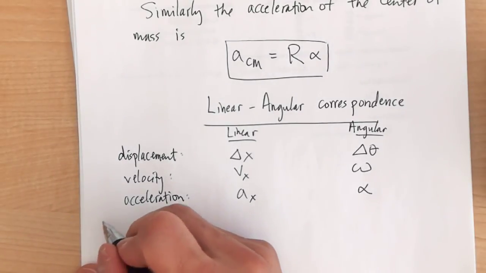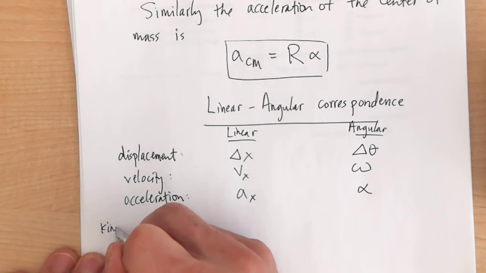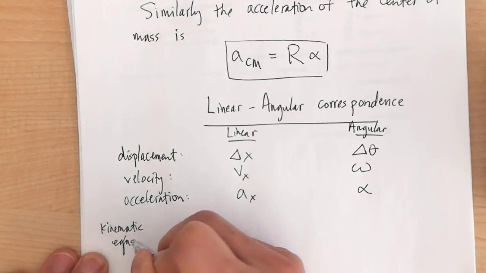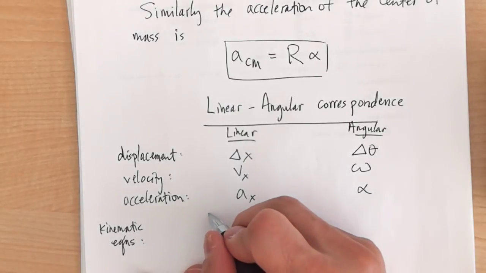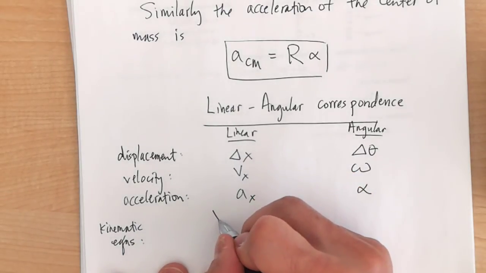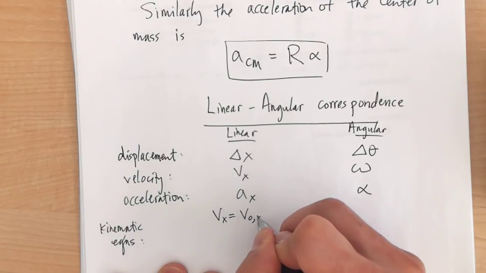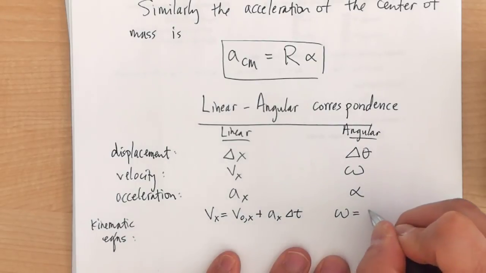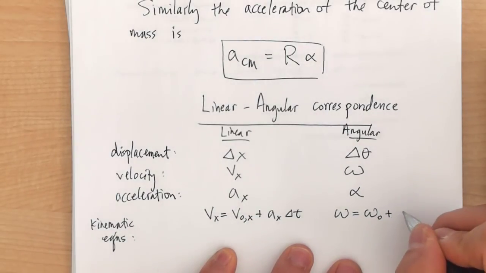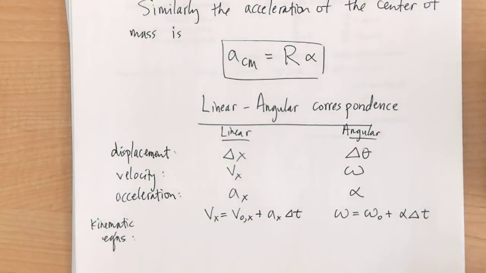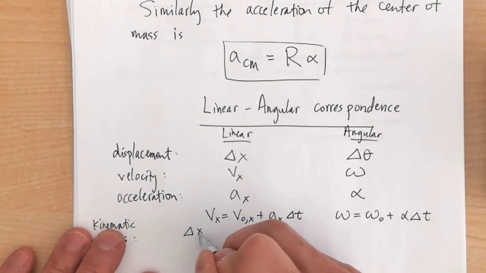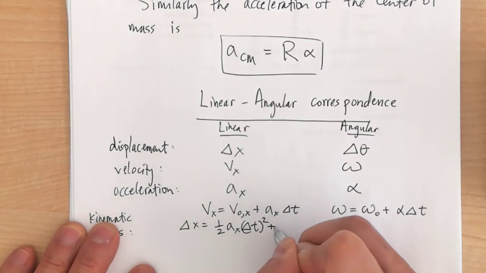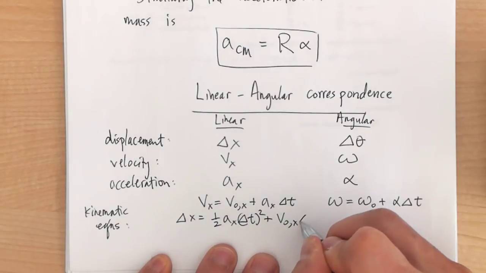And then we have these kinematic equations. All right, your favorites. You have things like Vx is equal to V0x plus Ax delta t. And then over here you would have omega is equal to omega naught plus alpha delta t. We had something like delta x is equal to 1/2 Ax delta t squared plus V0x delta t.